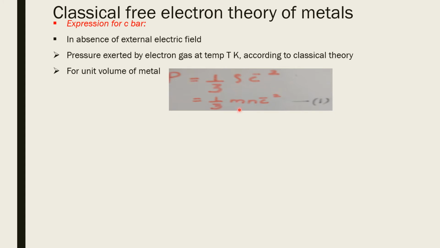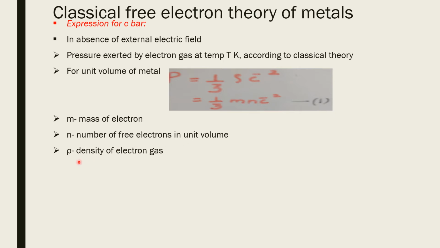Substituting rho as m into n, this becomes 1 by 3 mn c bar square. Equation 1, where m is the mass of the electron, n is the number of free electrons in unit volume, rho is the density of electron gas.